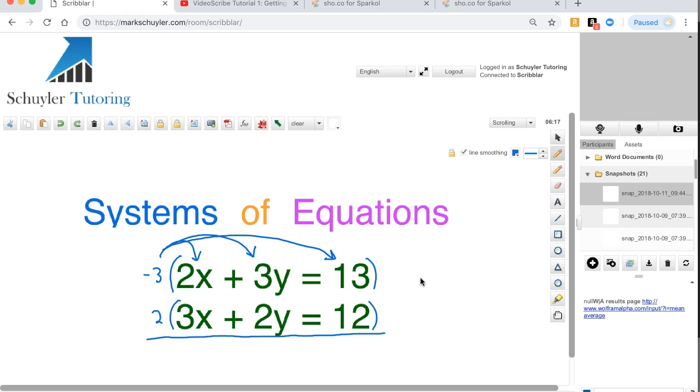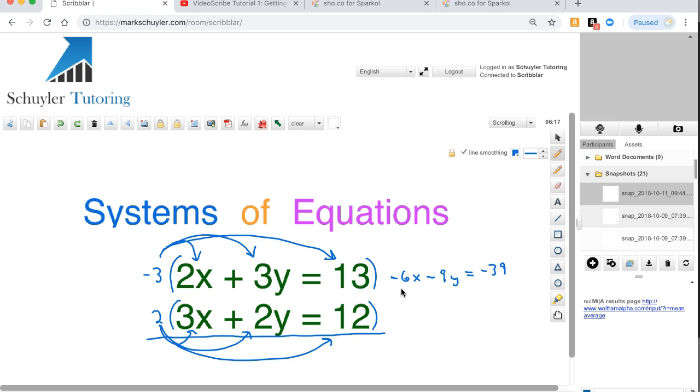Don't forget that. And so real neatly over here, I'm going to rewrite the equation. It becomes negative 6x minus 9y equals negative 39. And then I'm going to also distribute the 2 out to everything here, even on the other side.